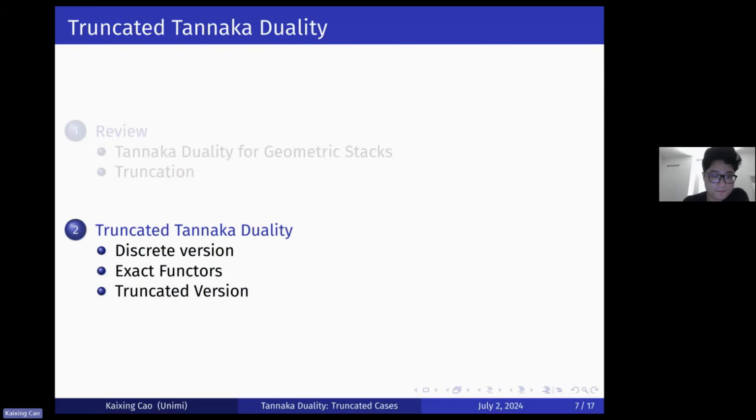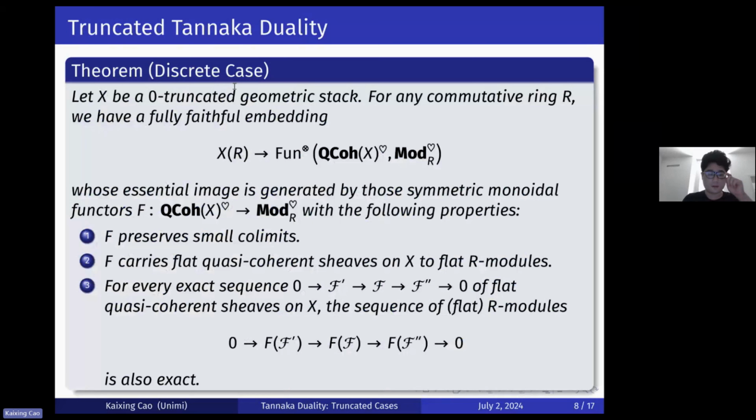Now let's consider our truncated version of the Tannaka duality. We firstly start from the discrete case, because in the discrete case, maybe we recall that we may only consider the geometric stacks.